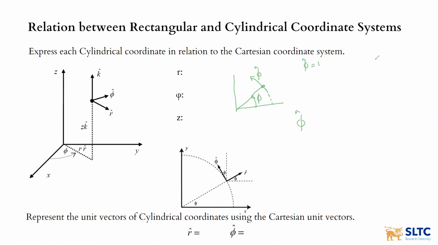By definition, its magnitude is 1. And once we are taking a separate scenario where we are moving a small distance along the phi direction, then that distance is defined as r d phi, along the phi hat direction, right?